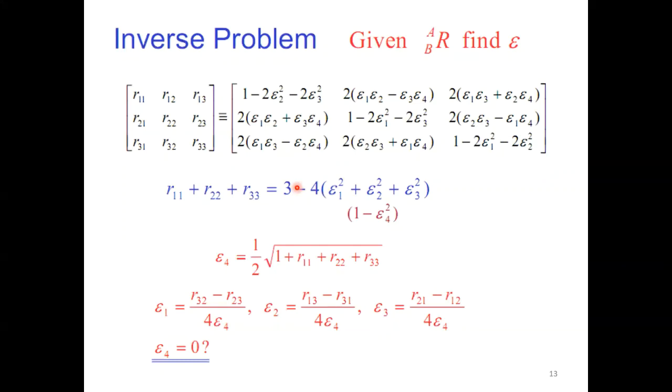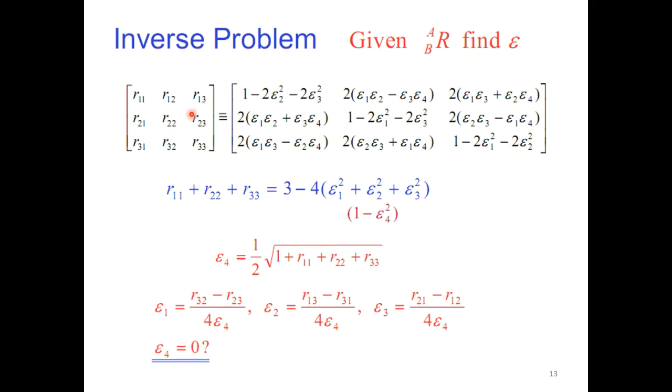Right? Without a proof, I'm just showing it to you because our discussion is towards robotics, not going deep down into Euler parameter mathematics. So this is the rotation matrix in terms of Euler parameters. And on the left-hand side is the rotation matrix.